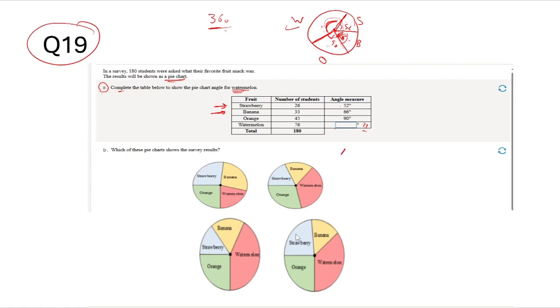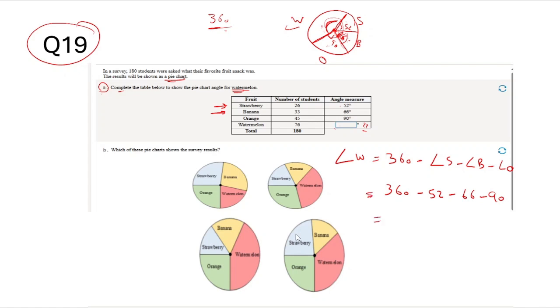I will say angle of watermelon equals 360, this is the angle of the circle in the center, minus angle of strawberry, minus angle of the banana, minus angle of the orange. So 360 minus the angle of the strawberry, which is 52, minus the angle of banana, which is 66, minus the angle of the orange, which is 90.